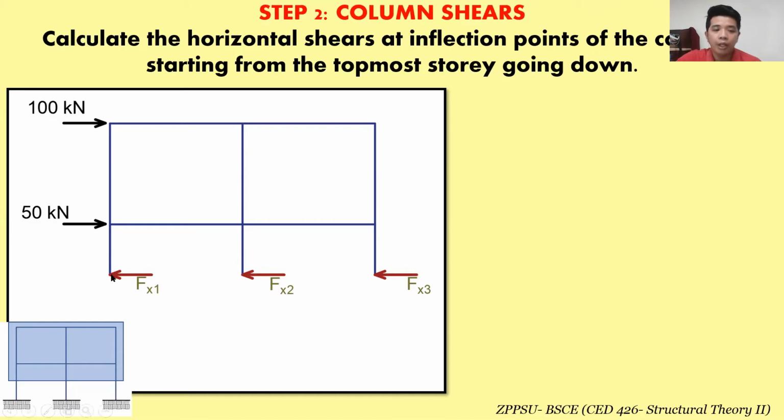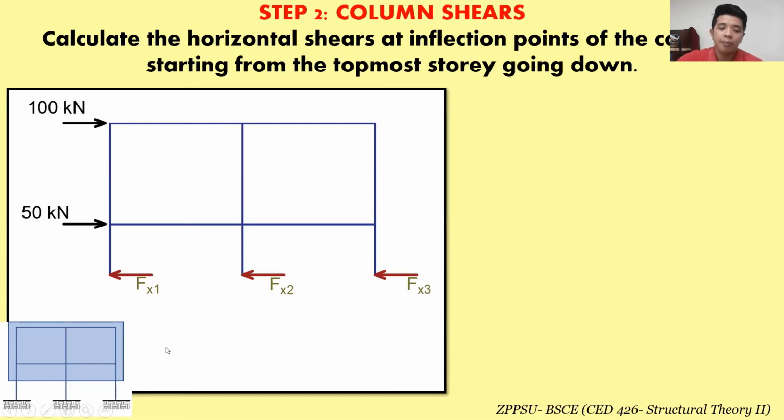Since this is point 1, kaya pinangalanan ko siya as F sub x sub 1 kasi x direction, and then point 2. This one is forces at point 2 along x, so F sub x sub 2, and F sub x3 kasi horizontal ng point 3. This is point 3. This is point 1, point 2, point 3.